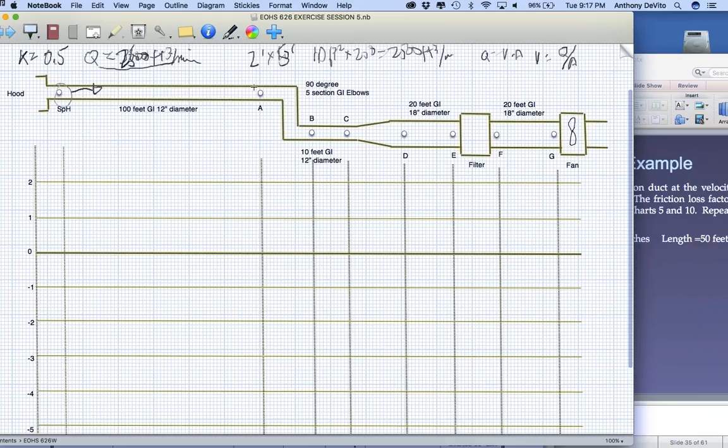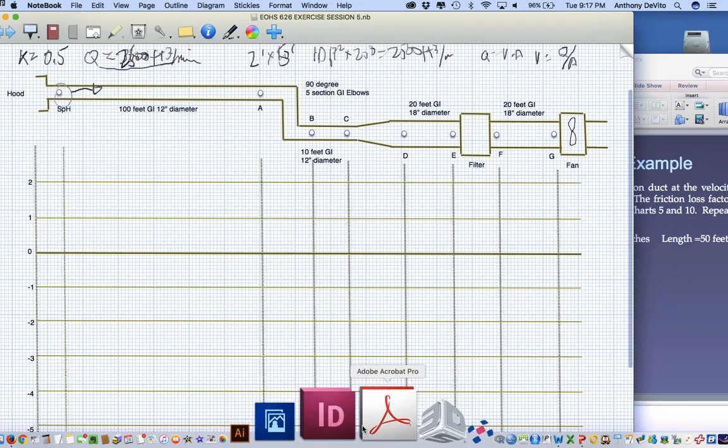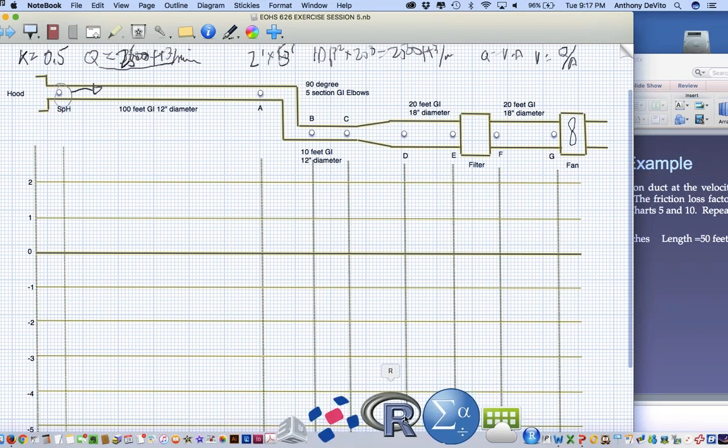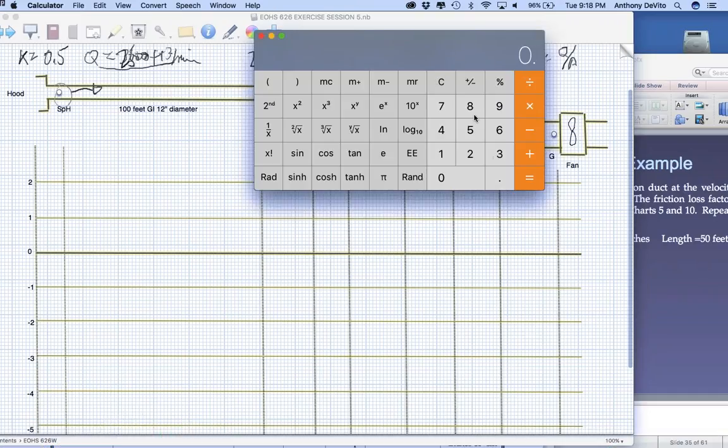So what's the area of a 12-inch diameter duct? I think it's 0.866, but I'm going to calculate it anyway. 3.14 times the radius squared.